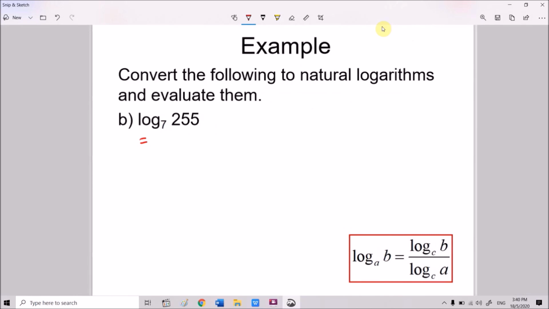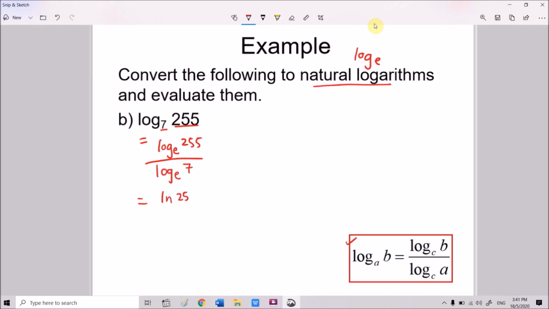Okay, so now we change the base 7 to log of base e because we want to convert this to natural logarithms by using this formula. So we write this as log base e. The 255 becomes this, and 7 is here. Then log base e is actually ln.